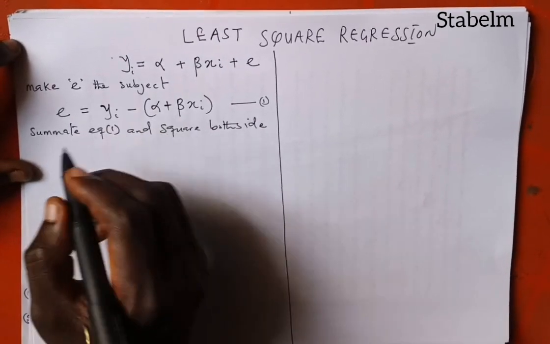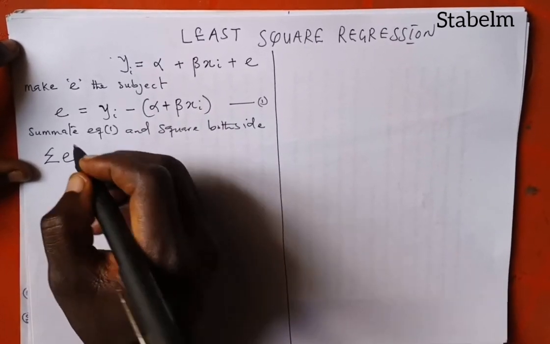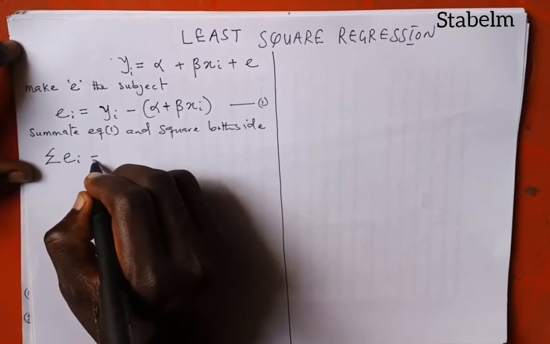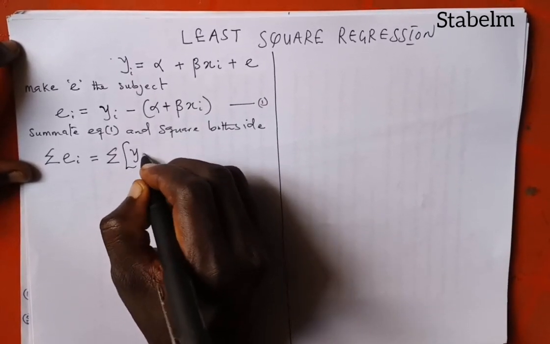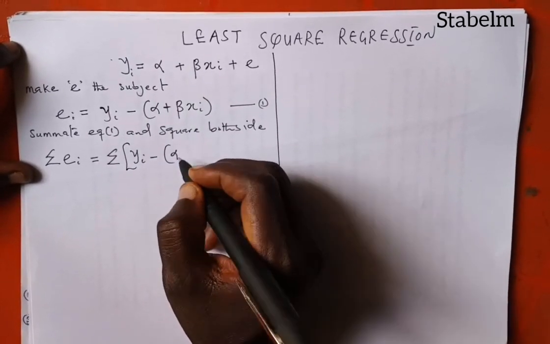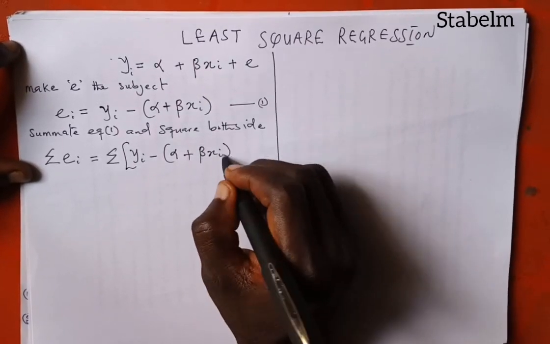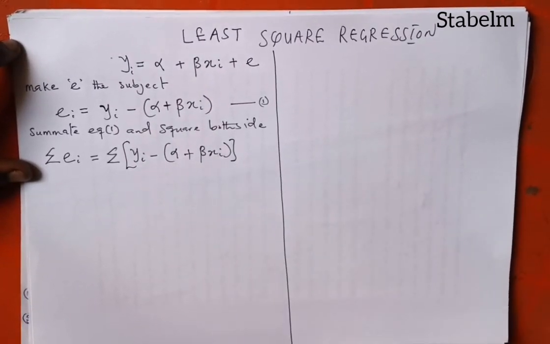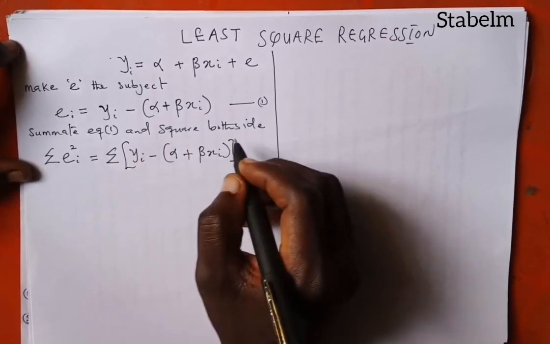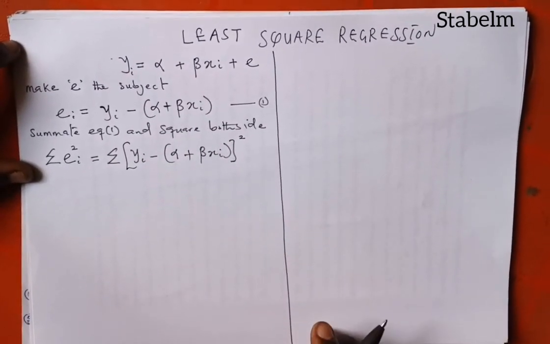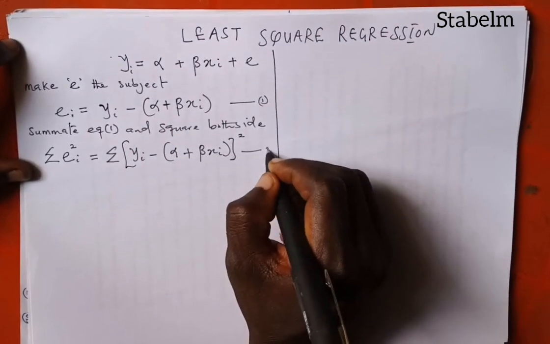We have summation e subscript i squared equals summation of y subscript i minus bracket alpha plus beta x subscript i, bracket close, and square both sides. This is squared, this is squared. We can call this one equation 2.